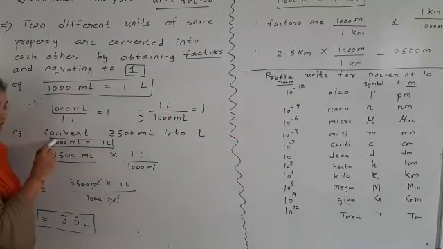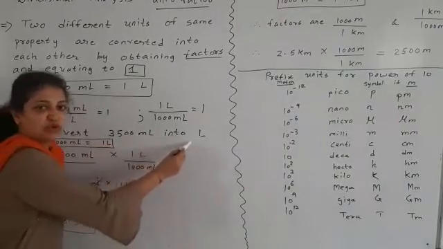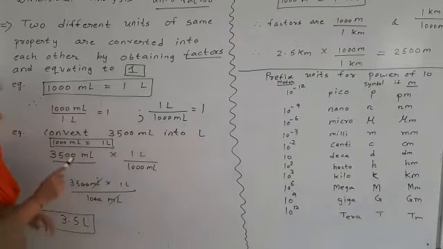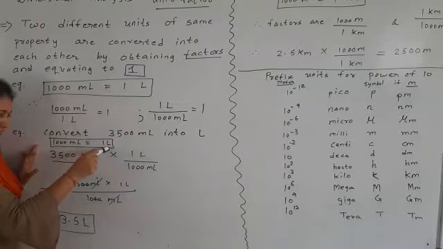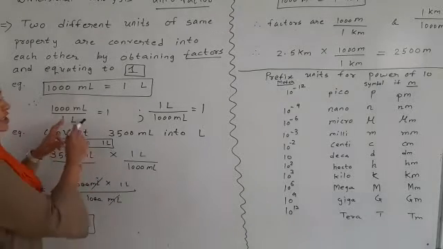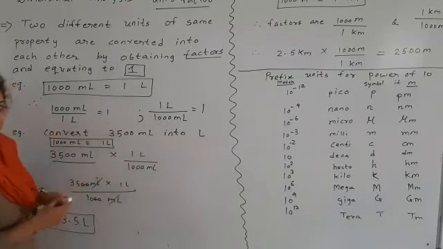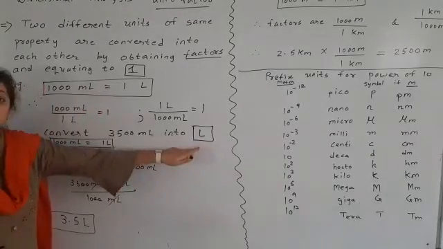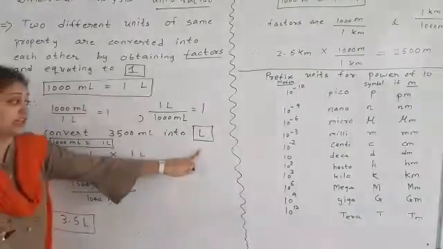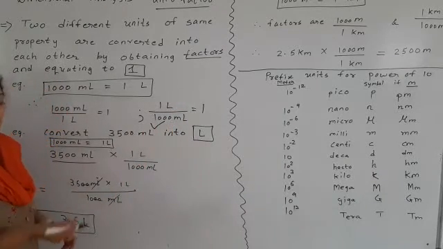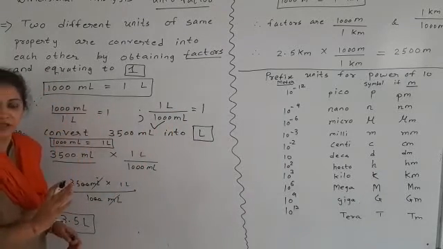Now let us take one numerical. Convert 3500 ml into liter. First write the relationship between them: 1000 ml is equal to 1 liter. Which of the two factors will you use? Since you are asked to convert to liter, you choose the factor in which liter comes in the numerator.